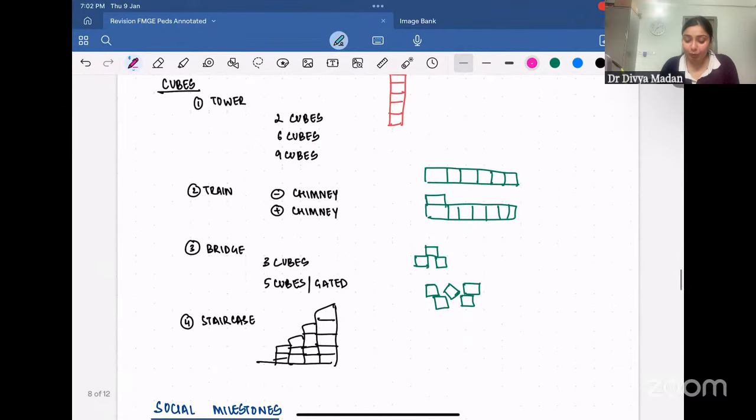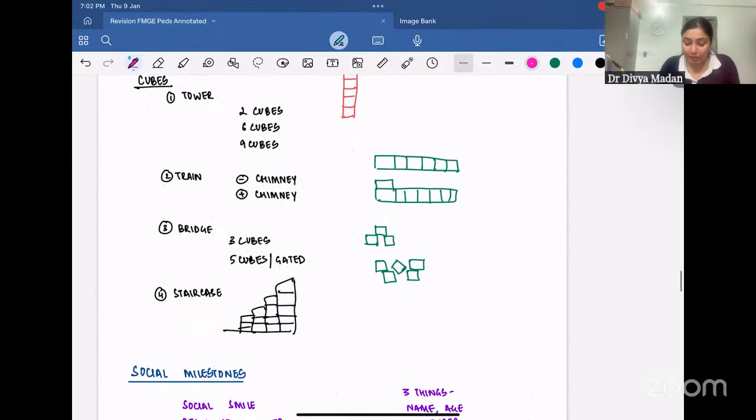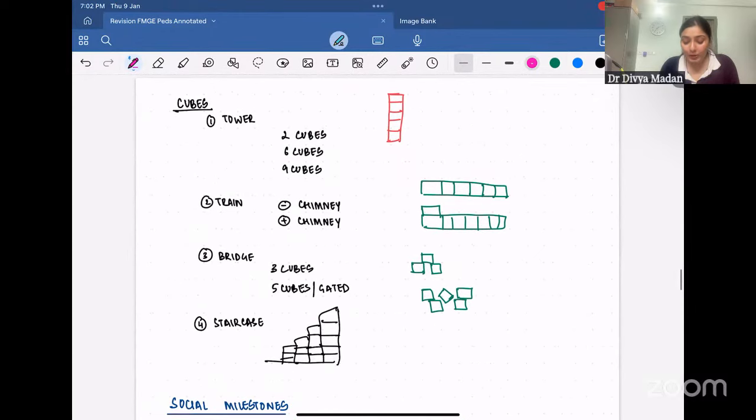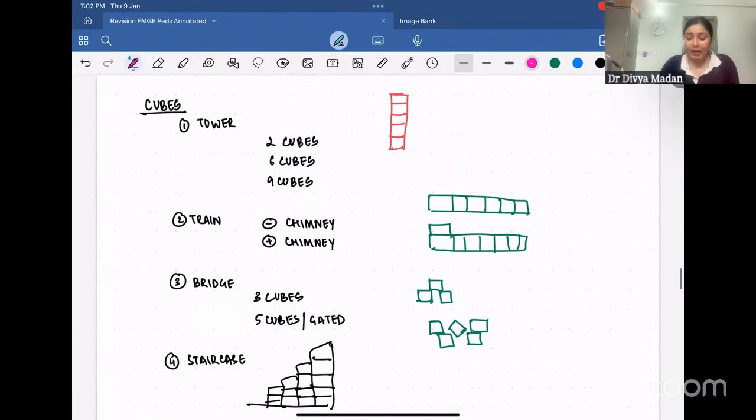Yet another important image-based question that is asked is these cubes. Mostly in your final year viva exams also they ask you to bring this fancy developmental kit that has these cubes in it. What we do with these cubes, we give these cubes to the child and ask the child to make various figures. And depending upon what structures the child can make, we can guess the developmental age, right?